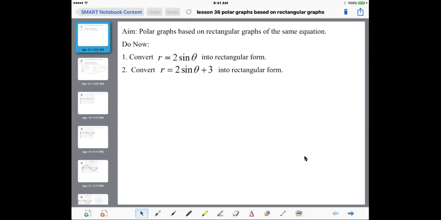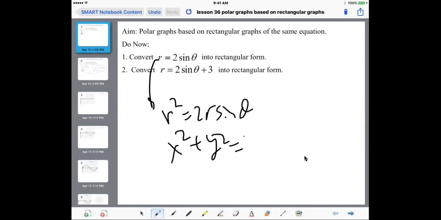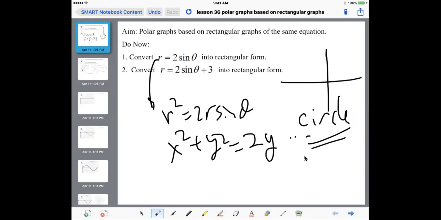By multiplying both sides by r, we get r squared equals 2r sine theta, which turns into x squared plus y squared equals 2y, which we could go further with, but that's why the graph of r equals 2 sine theta was a circle. And maybe you remember that it was oddly a circle and then a second circle on top of the first circle. Kind of strange how that worked, but it was really two circles right on top of each other.